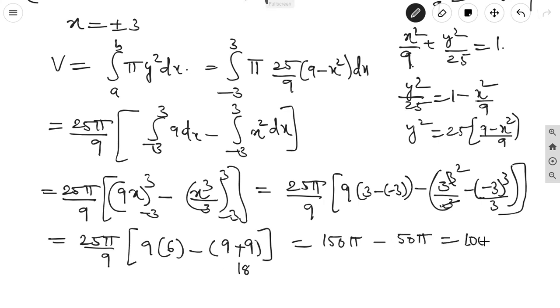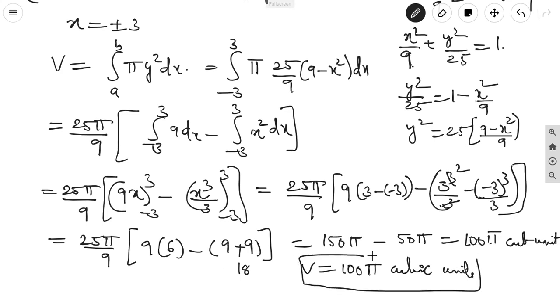It is equal to 100 pi cubic units. Here volume V is equal to 100 pi cubic units about minor axis. Volume equal to 60 pi cubic units about major axis. This is the problem.